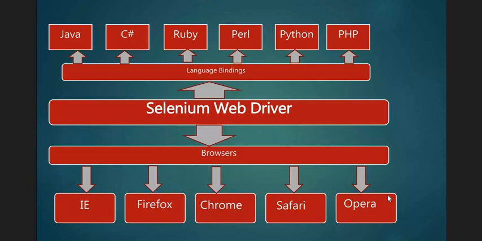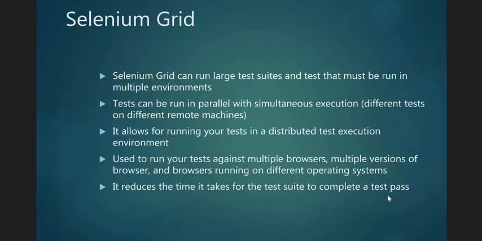Here we can see how Selenium WebDriver can support the different programming languages and also different browsers like Chrome, Safari, Opera, Firefox, IE. So it supports multiple browsers and also different programming languages like Java, C Sharp, Ruby, Perl, Python, PHP.